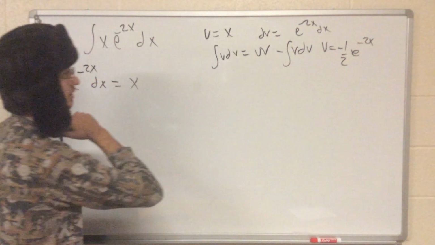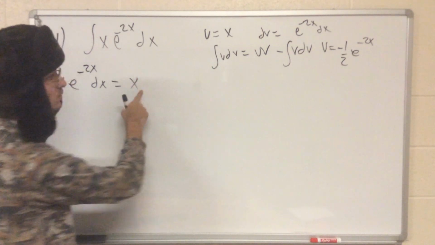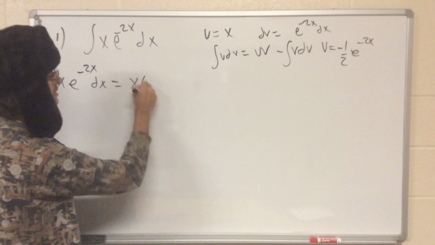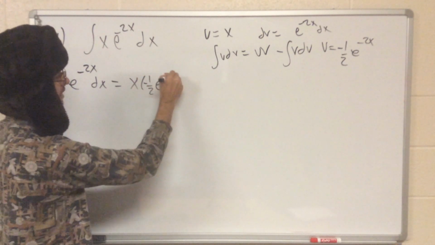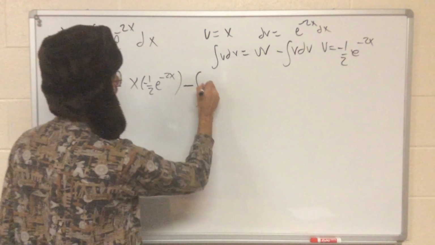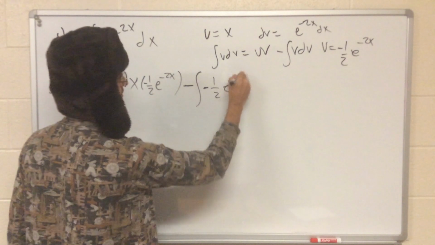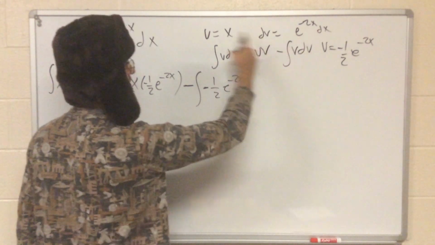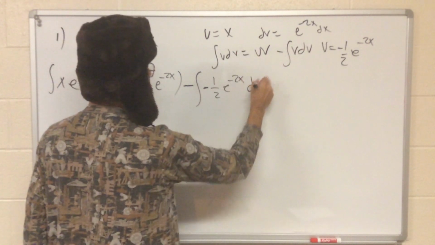So that's going to be our v. So u times v is x times negative 1/2 e to the negative 2x. And then we're going to subtract the integral of v du, the integral of minus 1/2 e to the negative 2x, and then du is, of course, dx.